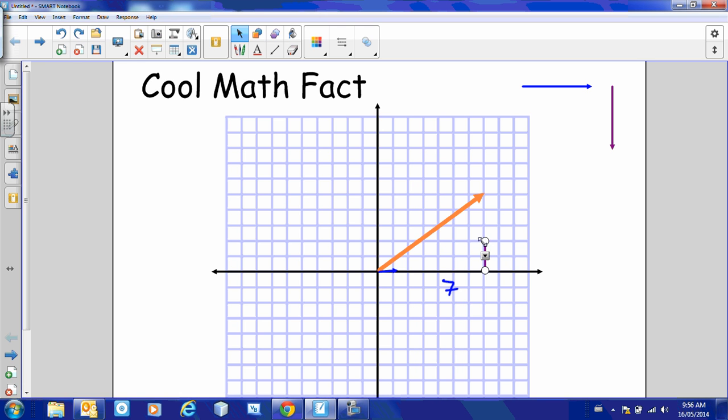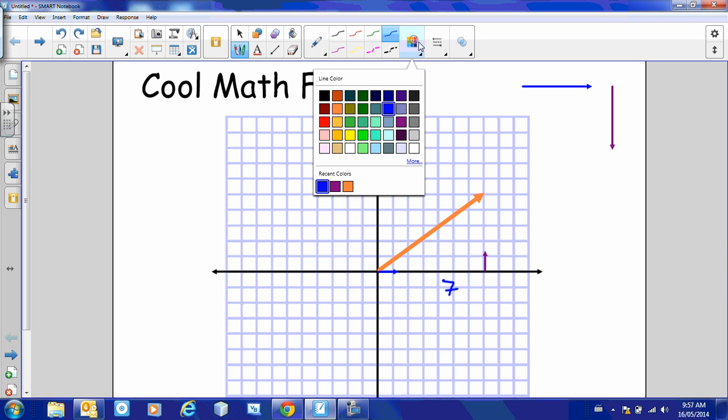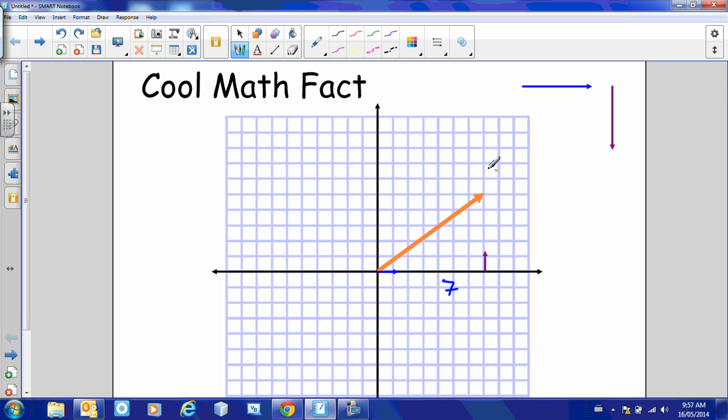So essentially I have 5 of those vectors. And together, 7 of these and 5 of these get us to the point where we have this vector here, and we can represent it as 7, 5.